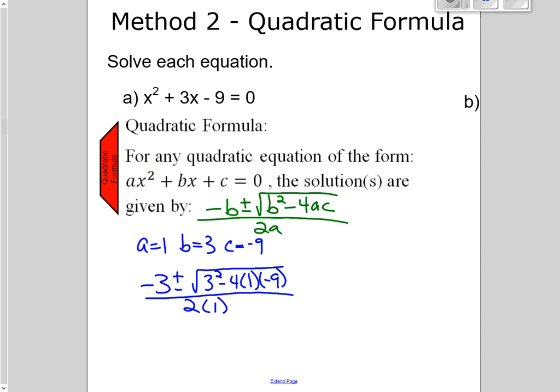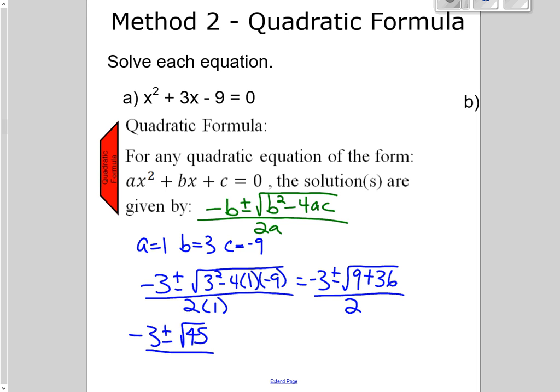So 2 times 1, which is going to be -3 plus or minus the square root of, okay, 3 squared is 9. -4 times 1 is -4, times -9 is going to be 36, all over 2. So -3 plus or minus the square root of 45, all over 2.